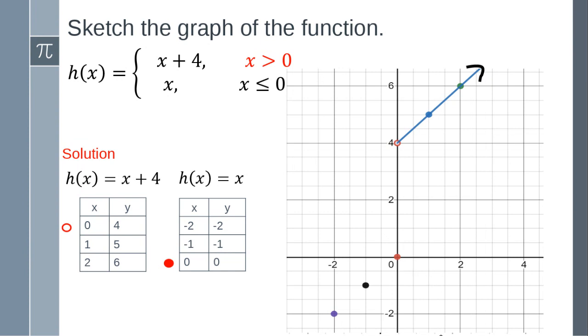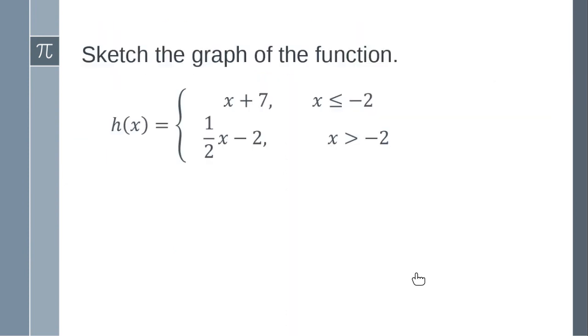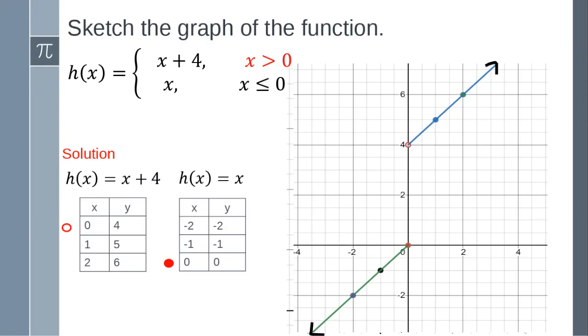So to draw our line, we start from our 0 and then connect them. Again, this graph is pointing forever down. So this would be our graph of this piecewise function. Any questions? All right.